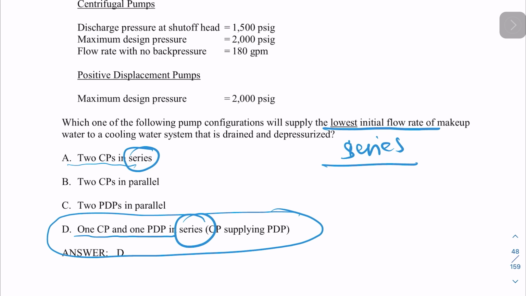If we're just comparing them, remember that in a PDP the flow rate remains the same, right? But in the CP, we can vary the flow rate. That's one of the reasons why your answer is gonna be one CP and one PDP in series for this one.